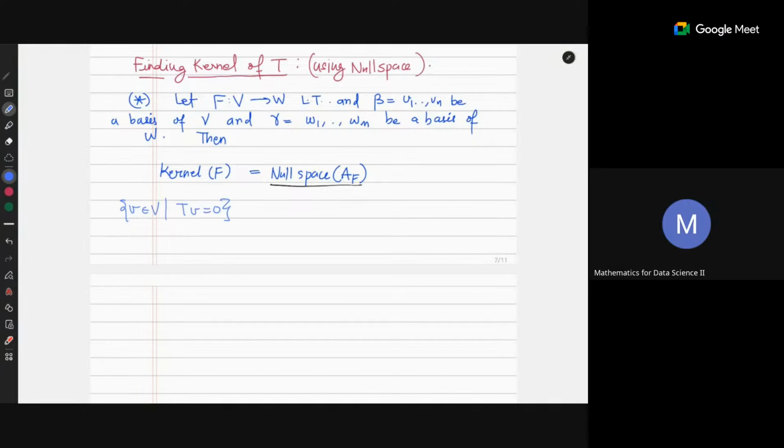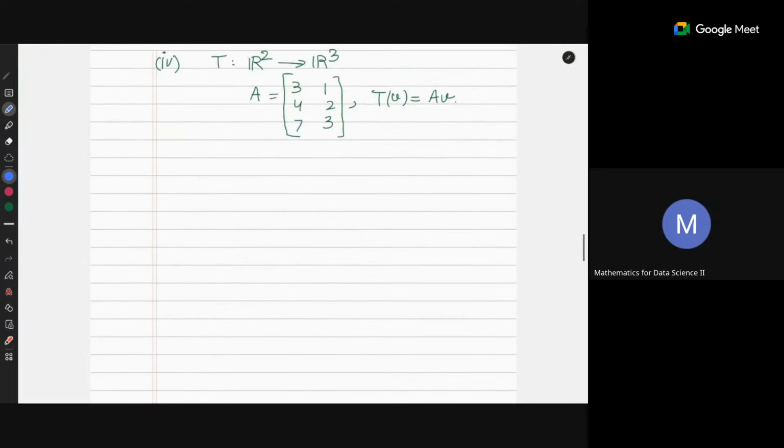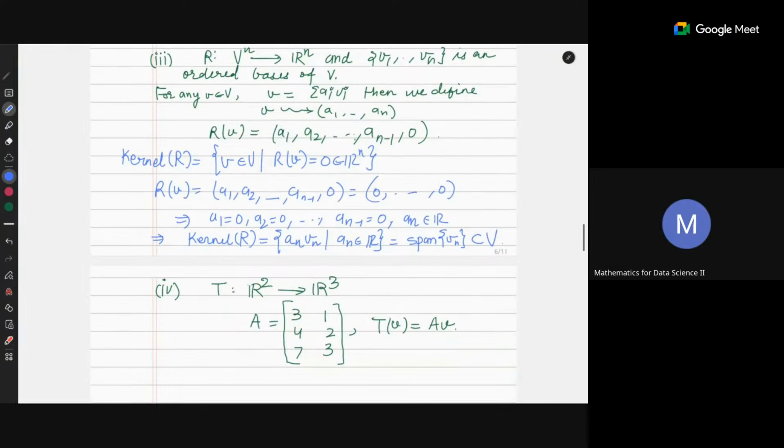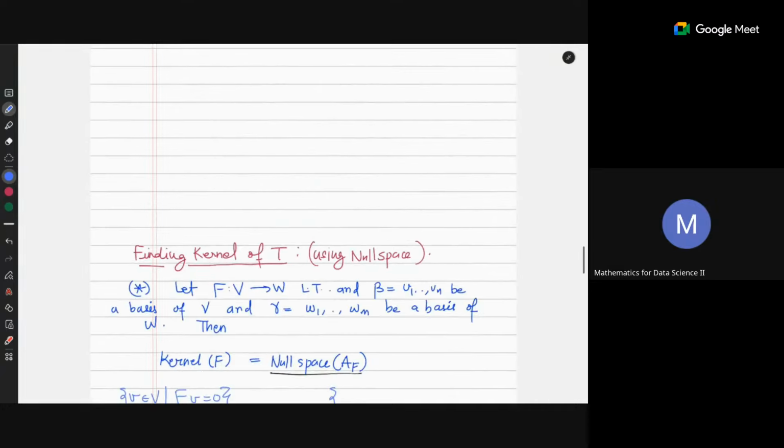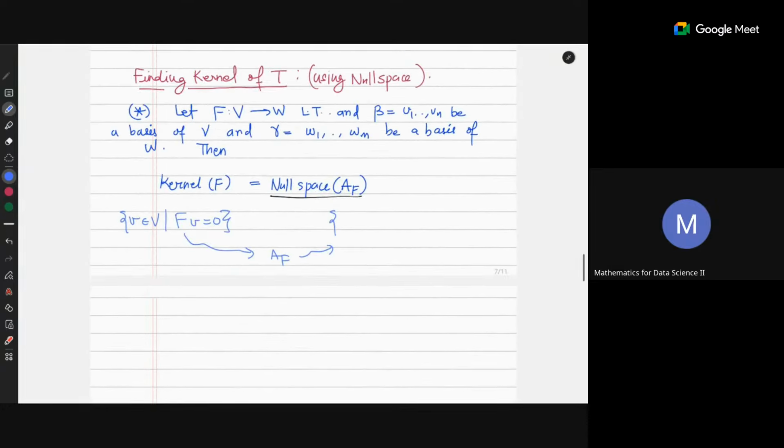Now in our case, we have associated a matrix Af. How does Af work? For Af, you need a coordinate representation like we had in the case above. With respect to an ordered basis, you can have a coordinate representation for each vector, and you can multiply that.